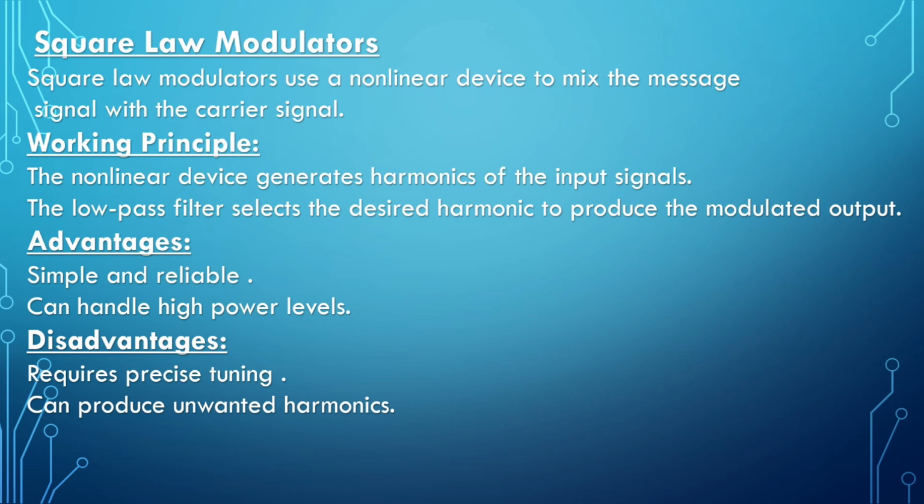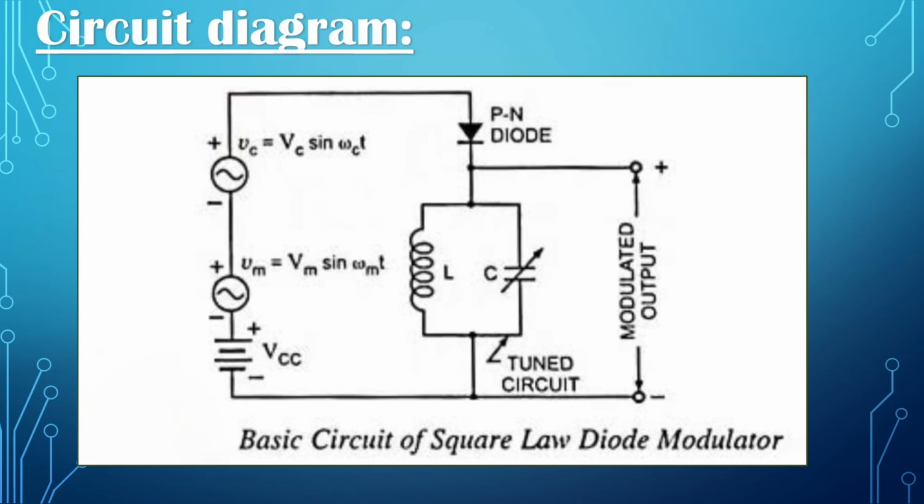Next we go to the circuit diagram of it to know the square law modulators very well. Let's see the diagram now. Here is the diagram of the square law diode modulator.